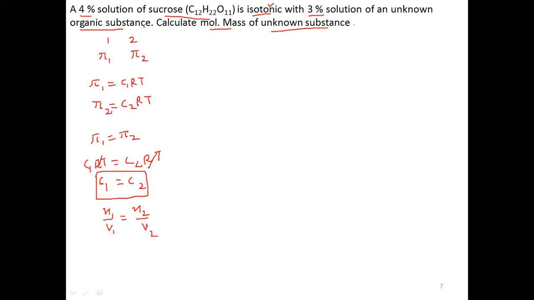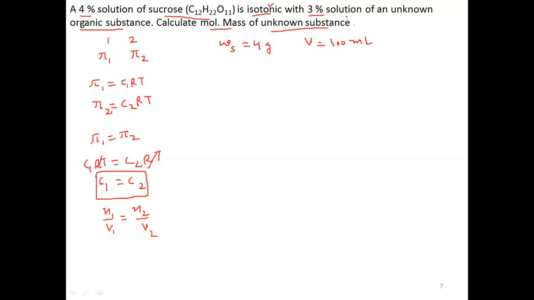Now let us come to the statement. It says a 4% solution of sucrose. A 4% solution of sucrose means the weight of sucrose, I will denote sucrose by S, is equal to 4 gram, and the volume of solution is 100 ml.